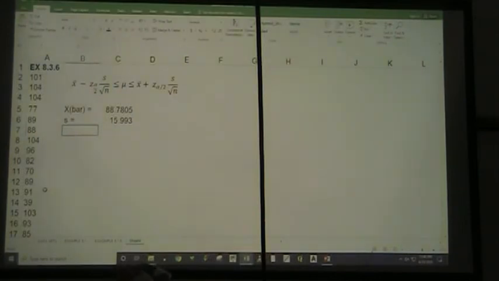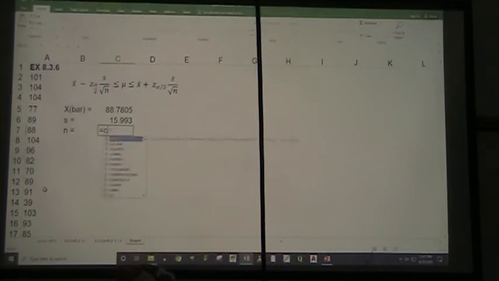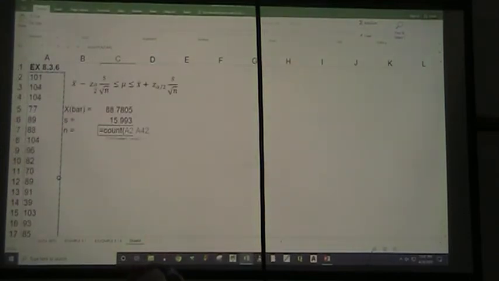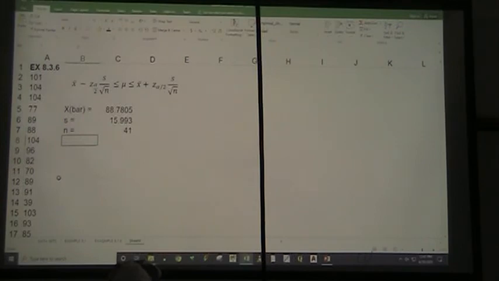I need n equals, and I'm going to go equals count, left parenthesis, highlight my numbers once more, even though I'm pretty sure I already know what this is going to be. All right, so it gives me that we have 41 numbers.